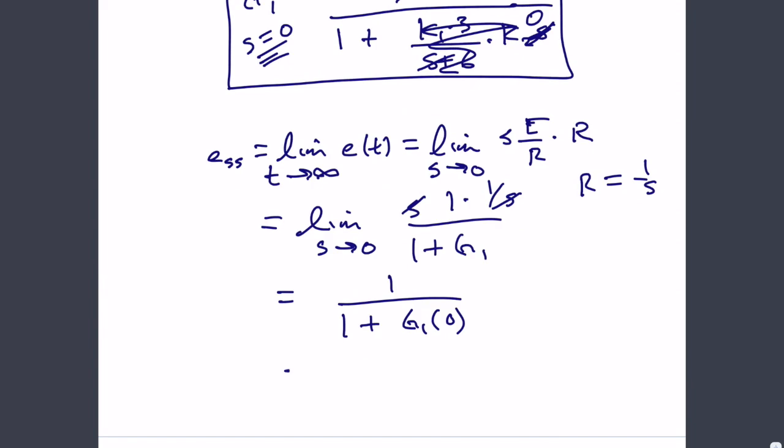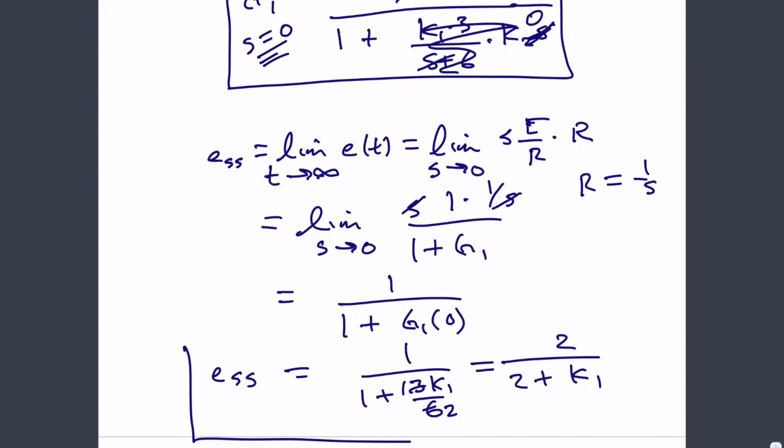So this becomes 1 over 1 plus 3K1 over 6, and that's the same thing as 2 over 2 plus K1. So that's my steady state error for a unit step.